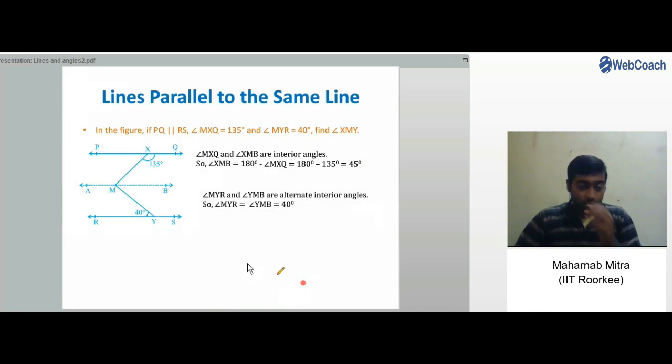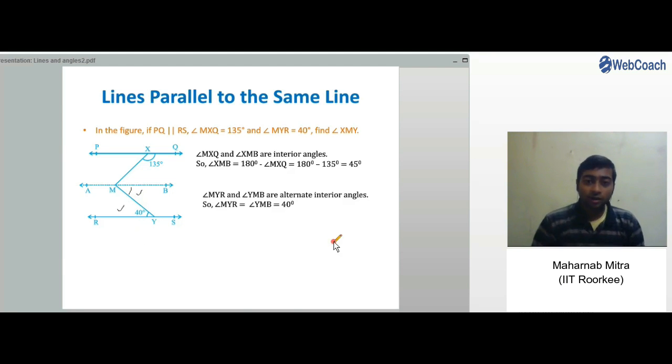So for the lower half, angle MYR, which is this angle, 40 degrees, and angle YMB, which is this angle. These, as you can see, are alternate interior angles, right?